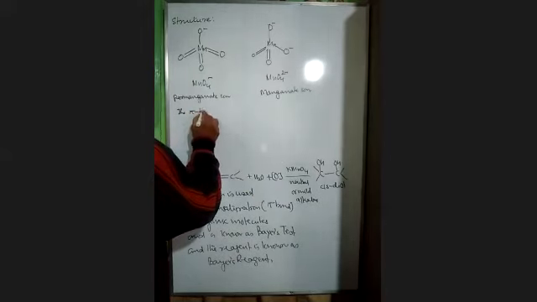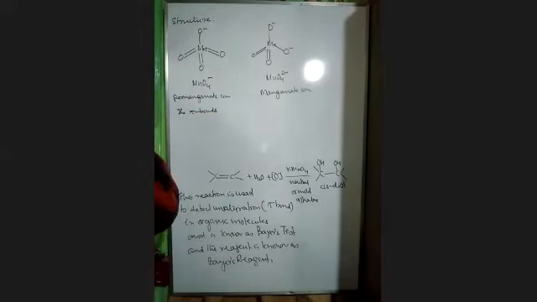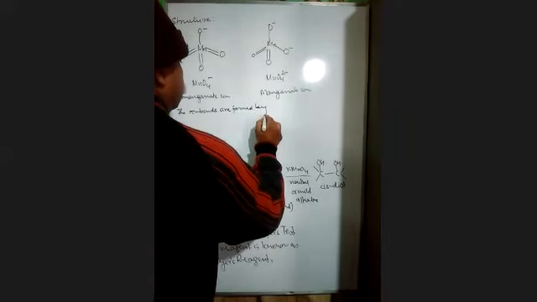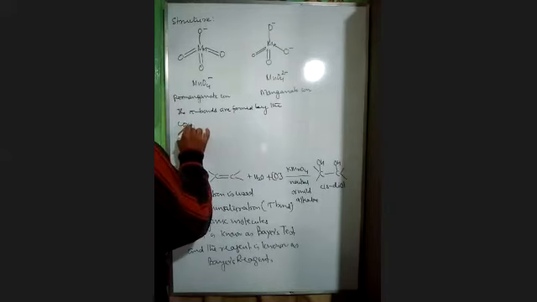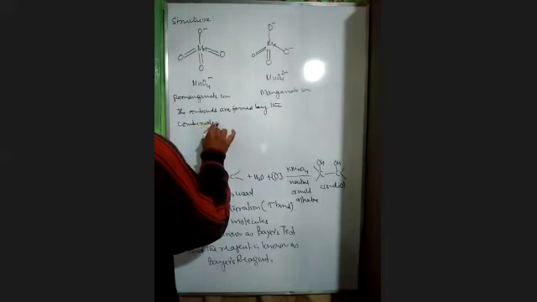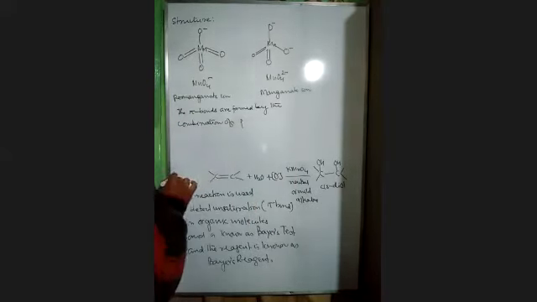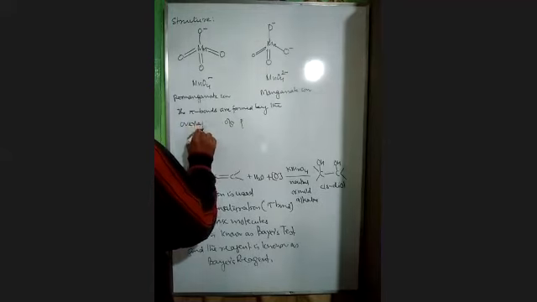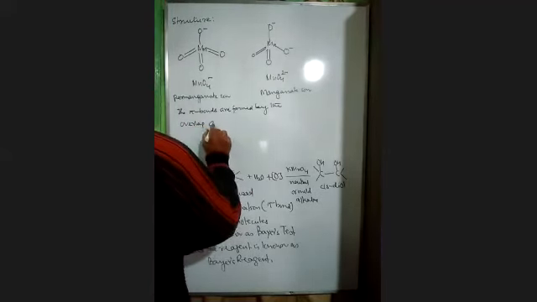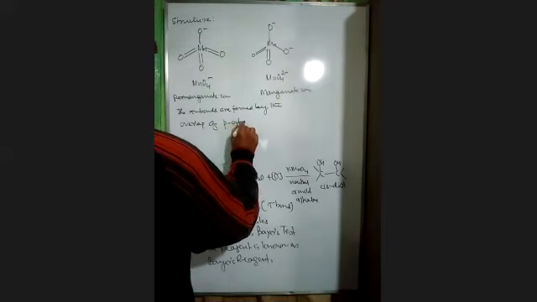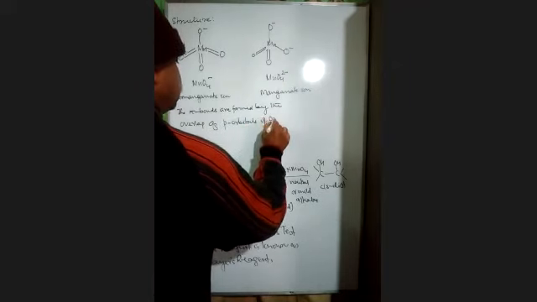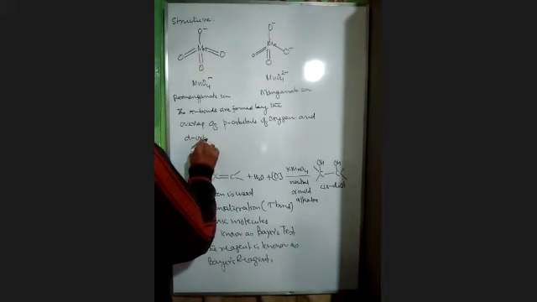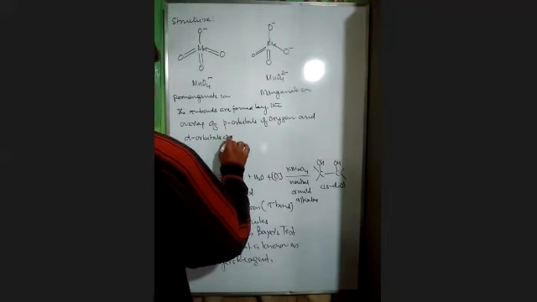The pi bonds are formed by the overlap of p orbitals of oxygen and d orbitals of manganese.